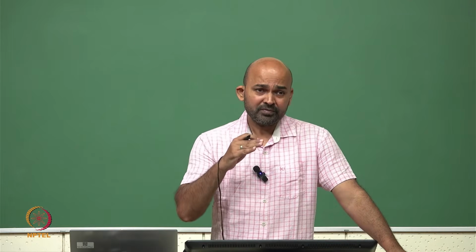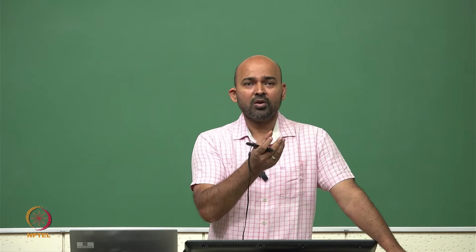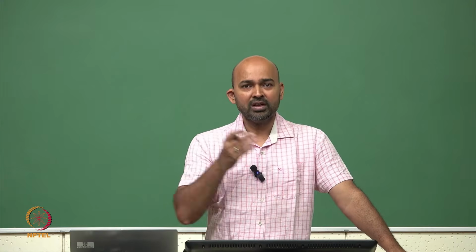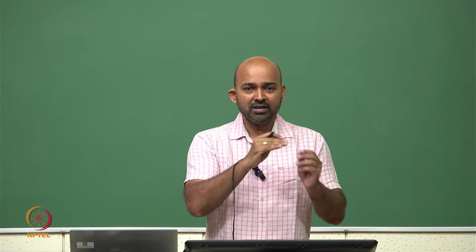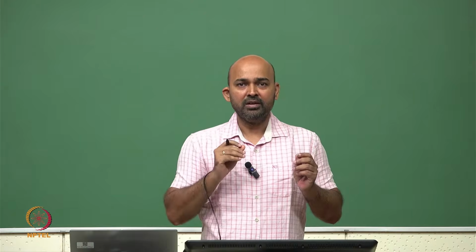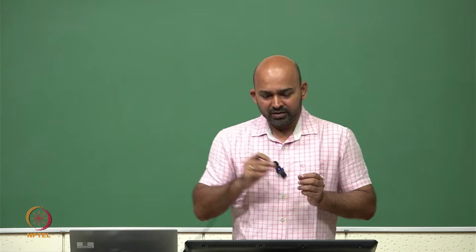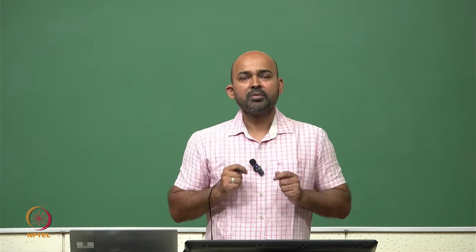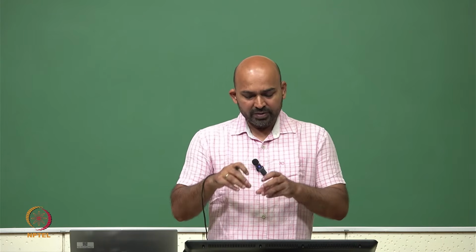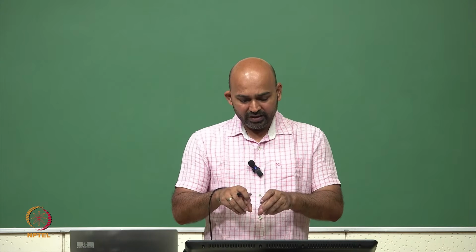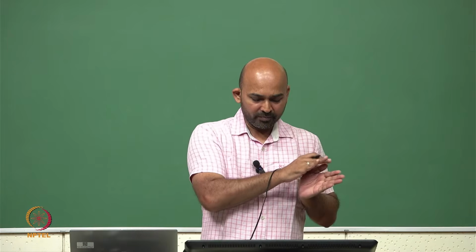Now, we do not want to use only these two values, minus 40 and 125. We are interested in all the values in between. So, we want to see how the circuit behaves at 0 degree, 1 degree, 2 degree, 3 degree. At all temperatures we want to check the performance. So, we specify a parameter which is called V increment. This is the increment that the SPICE simulation engine is going to take while going from V start to V stop.